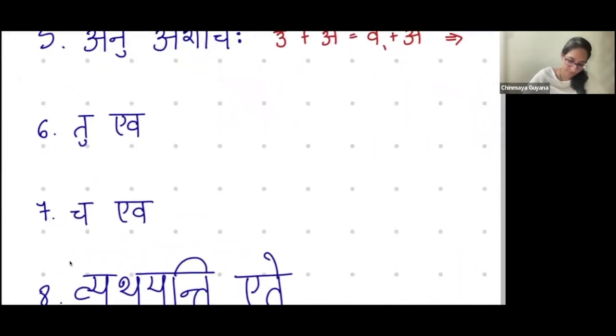Tu eva. You have u plus a equals va halant plus a. Again, the same thing is going to happen here. The u from the tu is going to turn into a va halant. So the ta, which looks full because of the u, is going to become half.